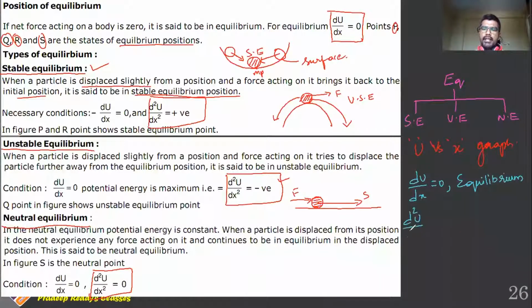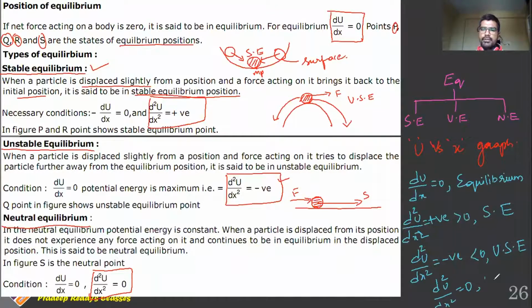If d square u by dx square is positive, that means greater than 0, then it is said to be stable equilibrium. If d square u by dx square is negative, or less than 0, then it is said to be unstable equilibrium. If d square u by dx square is equal to 0, then it is neutral equilibrium. These are the 4 conditions you need to remember when we are plotting a graph for potential energy versus displacement.